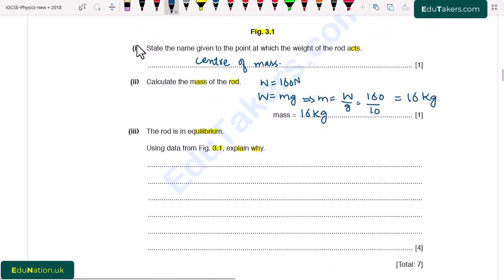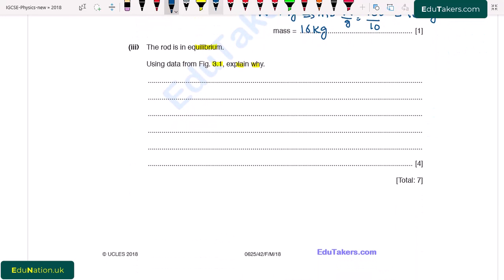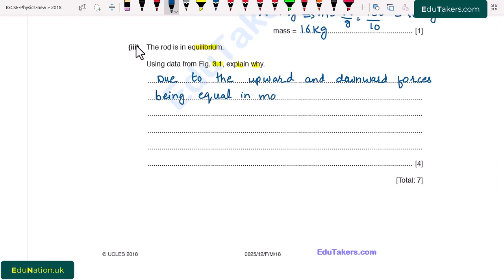So I write here, due to the upward and downward forces being equal in magnitude, there is no resultant force.